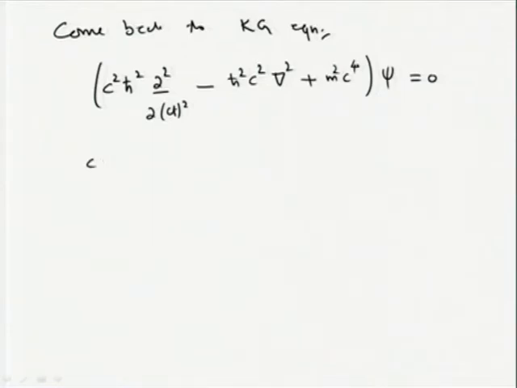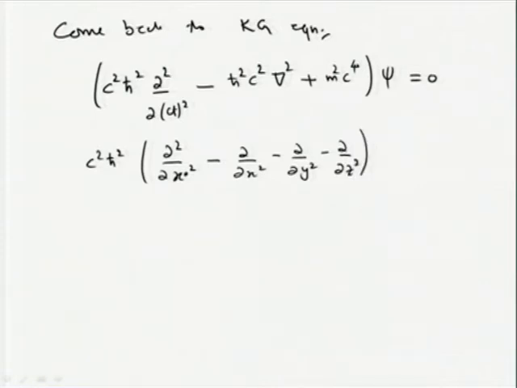So, now I can take c square h cross square as a common factor, and then that will give you dou square over dou (c t) square, which is essentially, let me write it as dou by dou x0 square, the 0th element, minus dou by dou x square minus dou by dou y square minus dou by dou z square, psi, plus m square c to the power 4 psi equal to 0.